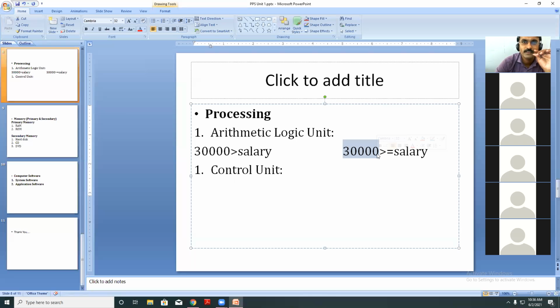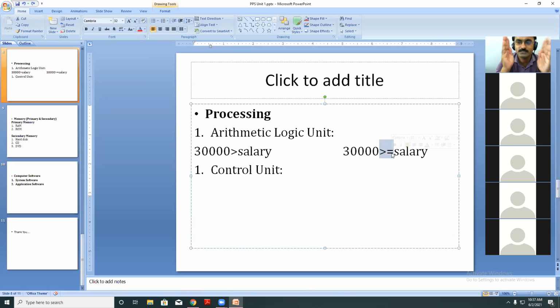Okay. So this is the difference between the operators, less than and less than equal to. When we take less than equal to or greater than equal to, it also includes the boundary condition. But what I want is the data within this boundary.